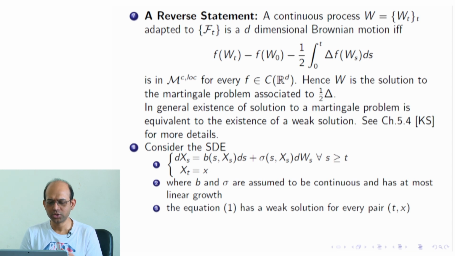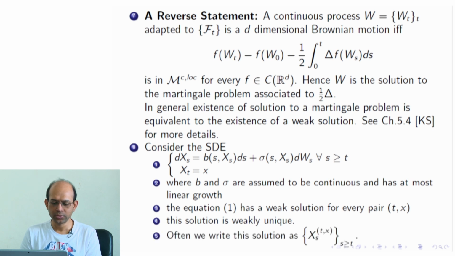Here b and sigma are assumed to be continuous and have at most linear growth, all these conditions as before, and then this equation has a weak solution for every pair t, x. The proof of this would be exactly as before. And this solution is weakly unique, and we are going to denote this solution as X superscript t comma x, X_s, for s greater or equal to t.